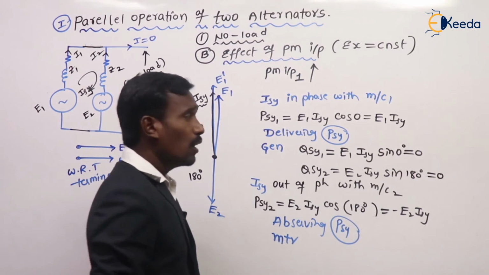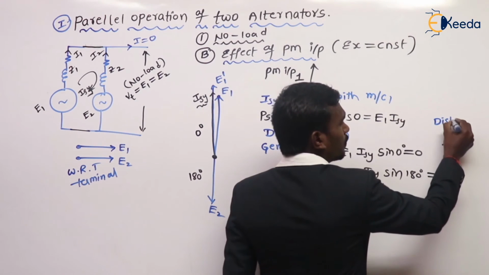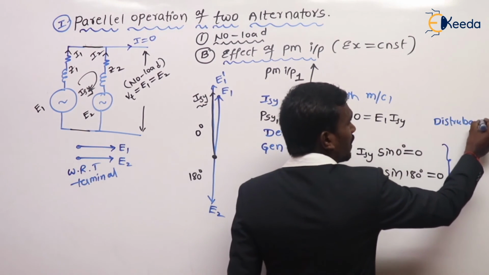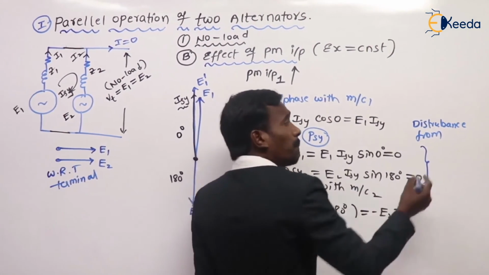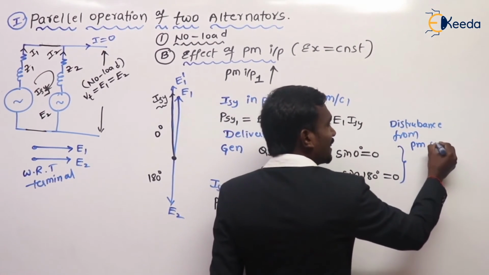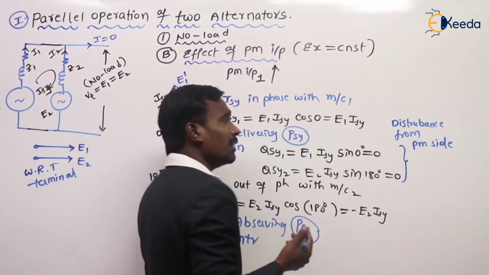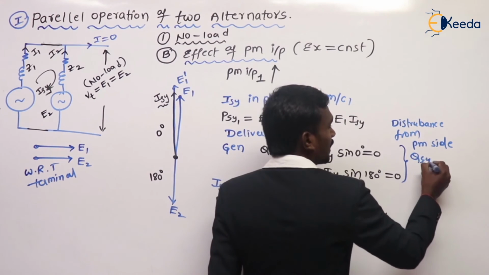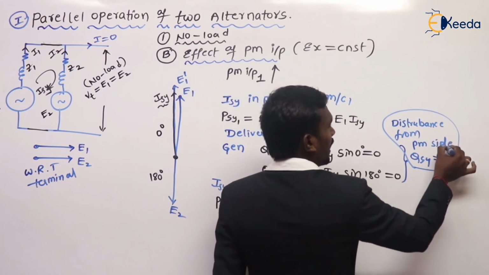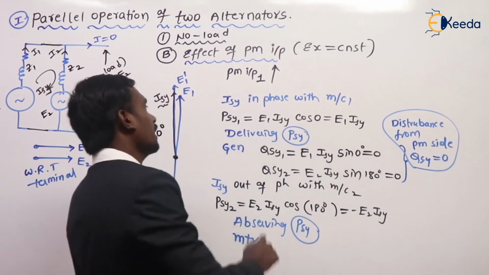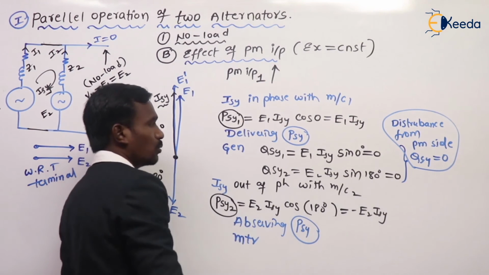Nothing but when the disturbance is from the prime mover side, the synchronizing reactive power is 0. There is no synchronizing reactive power. We have only synchronizing active powers which come into action.